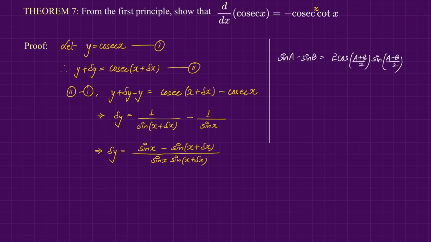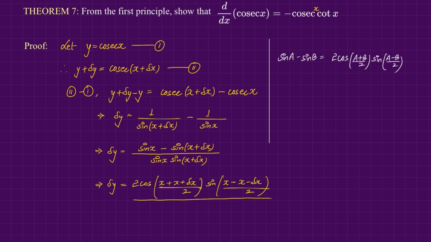Now using this formula here, we will have delta y equals to 2 cos of a plus b by 2 sine of a minus b by 2 whole divided by sine of x into sine of x plus delta x.